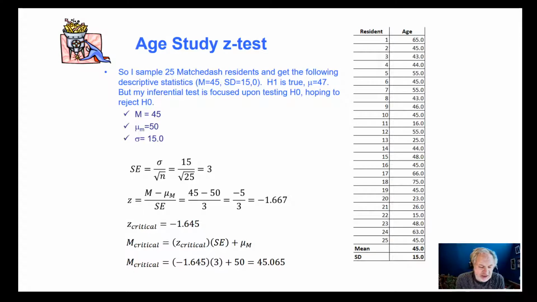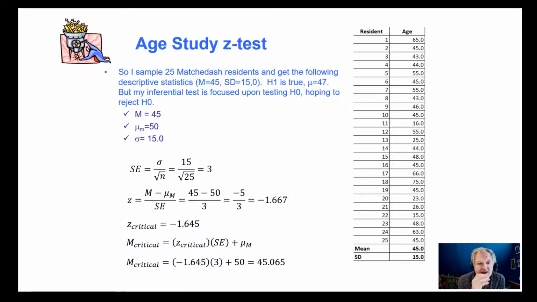I put that into my formula to figure out m-critical. I take my z-critical, negative 1.645, multiply by the standard error, and add my null hypothesis mean. So m-critical is 45.065. As long as my sample mean is less than 45.065, I reject the null. And in our case, my sample mean was 45, and I did reject the null.